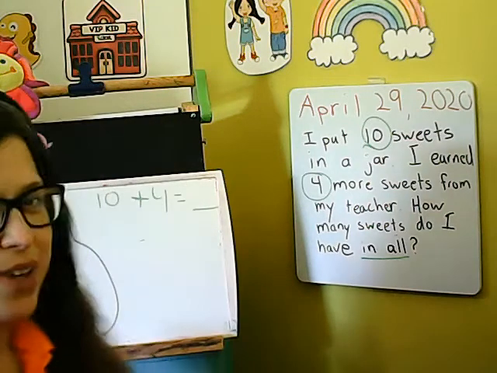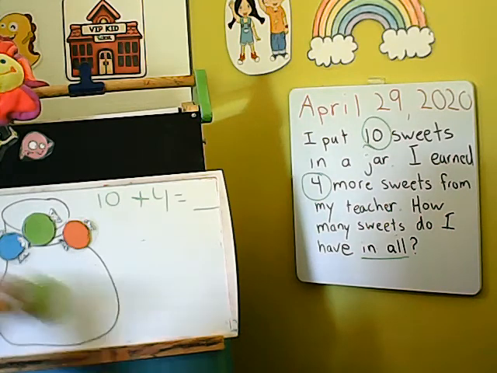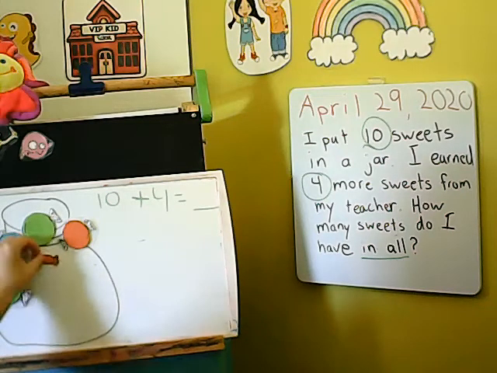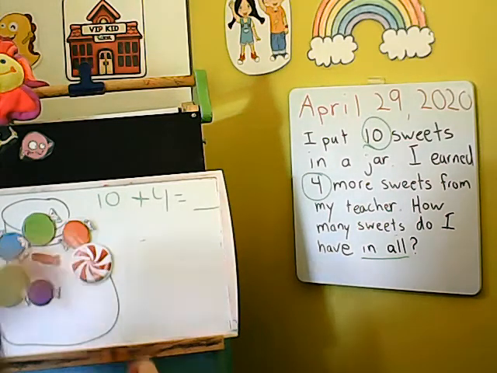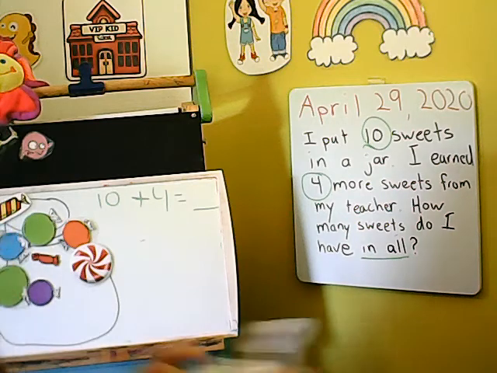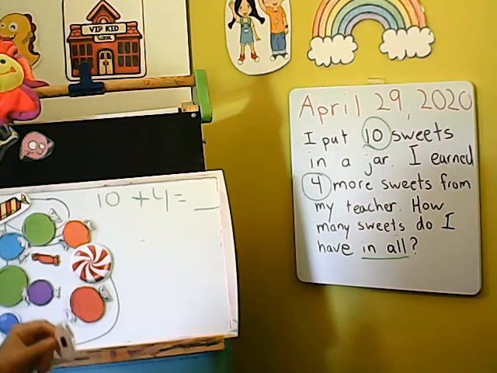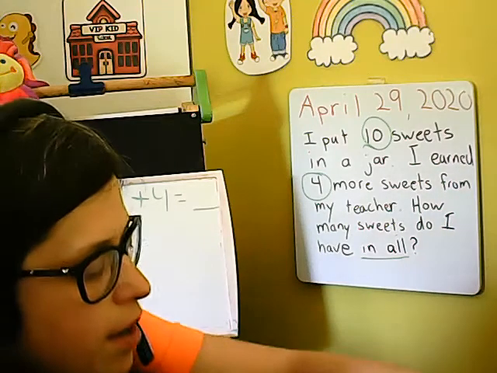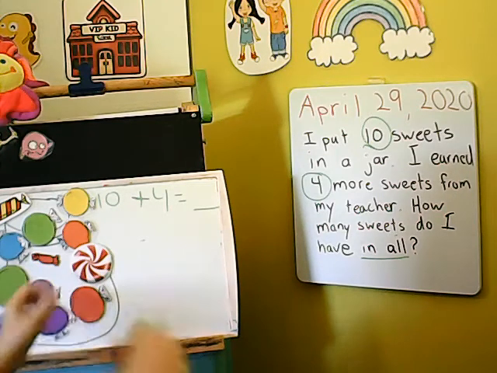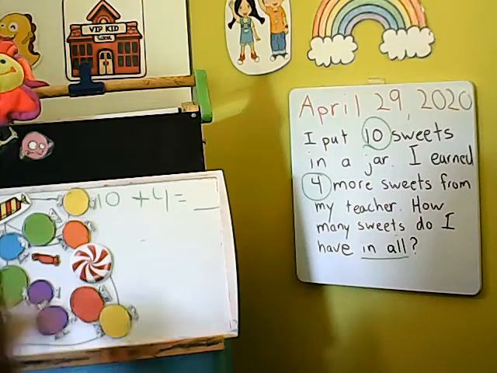Now, I could put sweets in here. That is one way I can solve. 10, 1, 2, 3, 4, 5, 6, 7, 8, 9, 10, and then I can add 4 more. 1, 2, 3, 4, and I can get the answer that way.